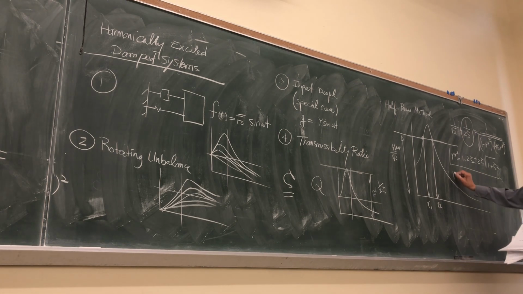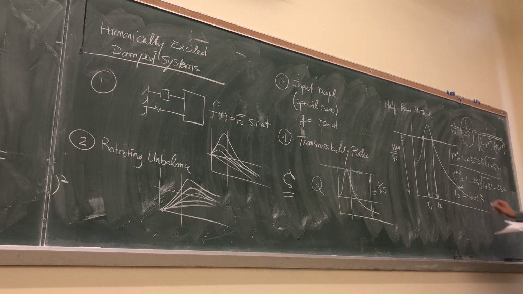So in other words, the root R1 squared comes out to be 1 minus 2 zeta squared minus 2 zeta square root of 1 plus zeta squared, and R2 squared would be 1 minus 2 zeta squared plus 2 zeta square root of 1 plus zeta squared.